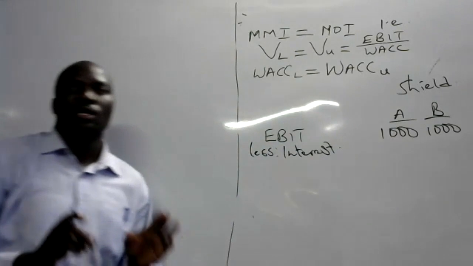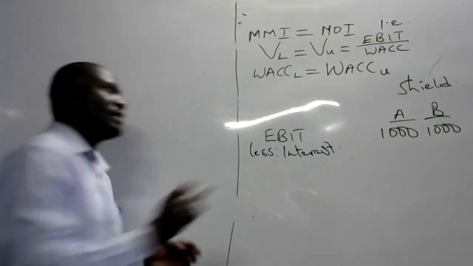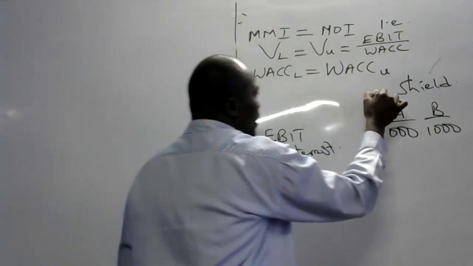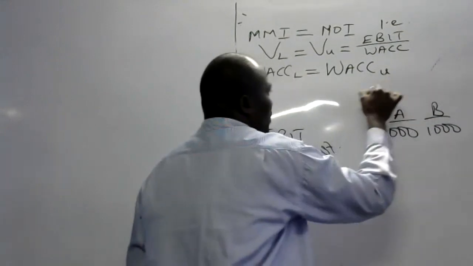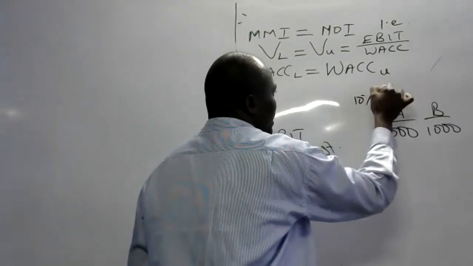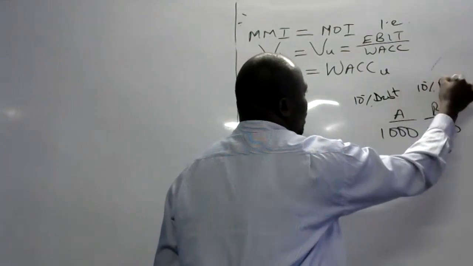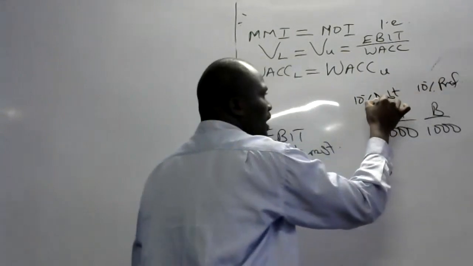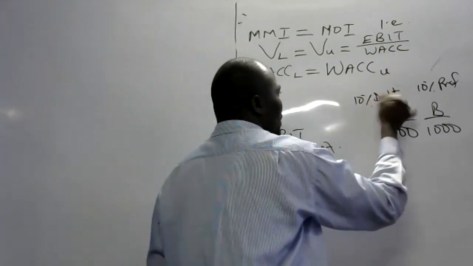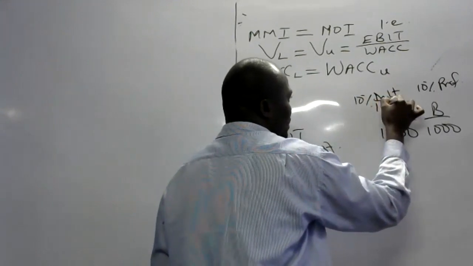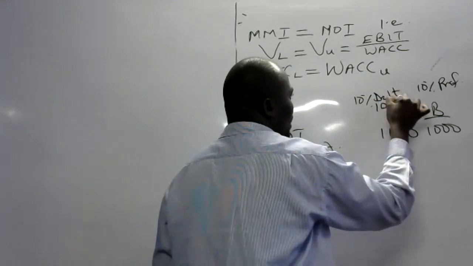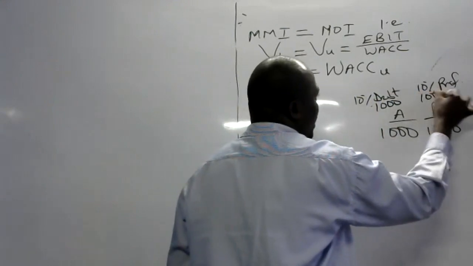So let's assume company A has debt, maybe equal to 10% debt, and company B has 10% preference shares. Their value is maybe 1,000 each.